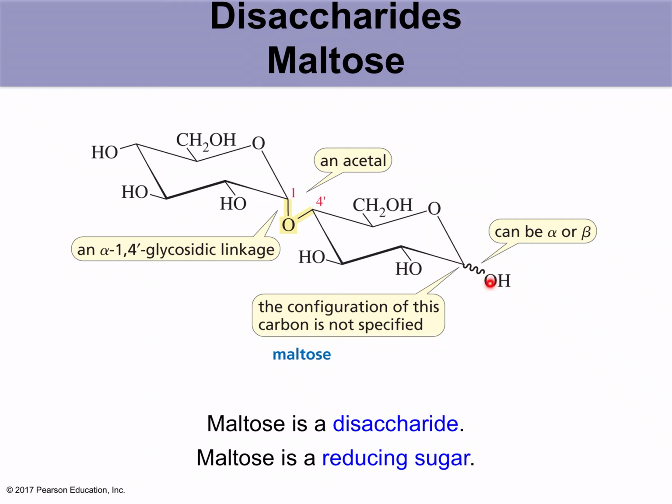Do you think this is a reducing sugar or a non-reducing sugar? This is a reducing sugar. Remember, it has a hemiacetal group. It also has an acetal group, but it also has a hemiacetal group, so it can reduce silver ions. Maltose is a disaccharide and it is a reducing sugar.